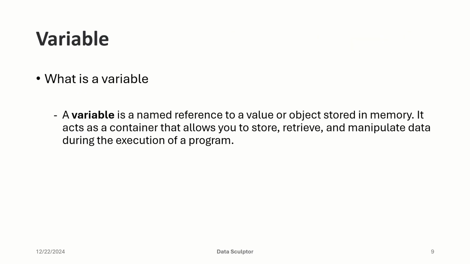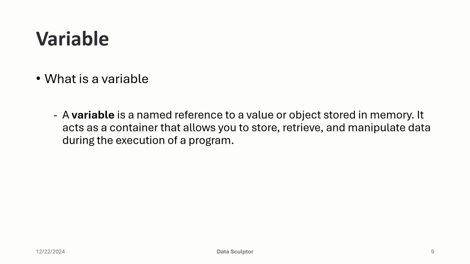The first is variables. So what is a variable? A variable is a named reference to a value or object stored in memory. It acts as a container that allows you to store, retrieve and manipulate data during the execution of a program. Consider a variable like a shelf of clothes. In a shelf of clothes, you have multiple racks.